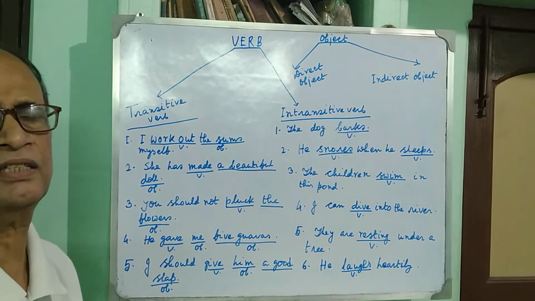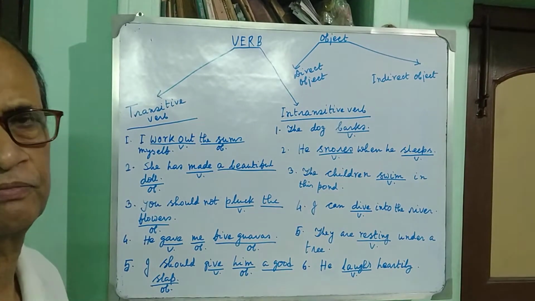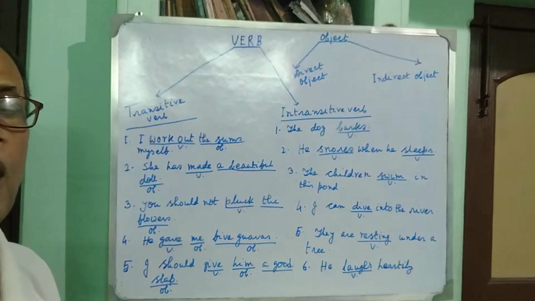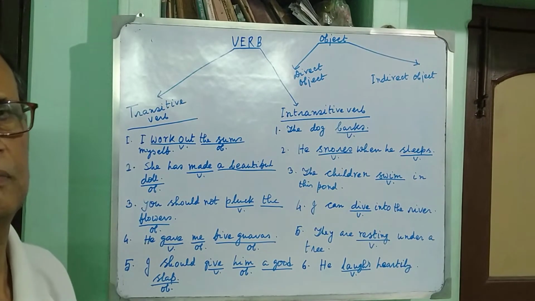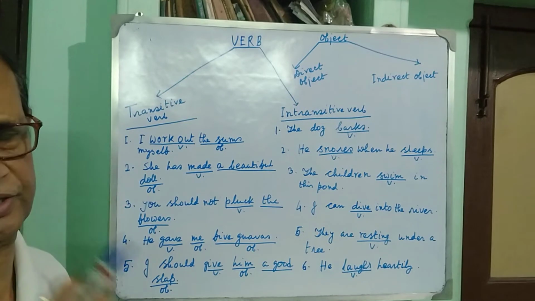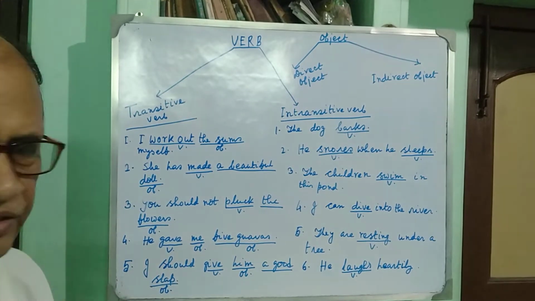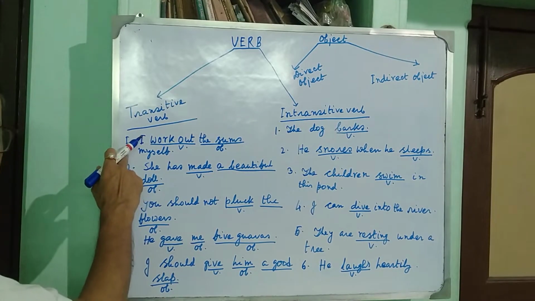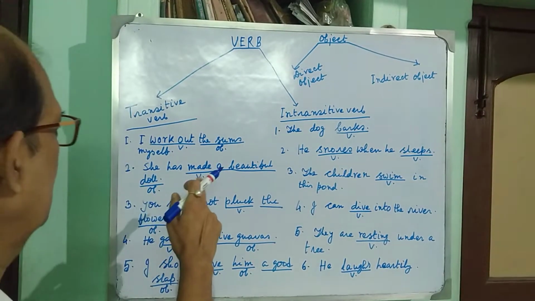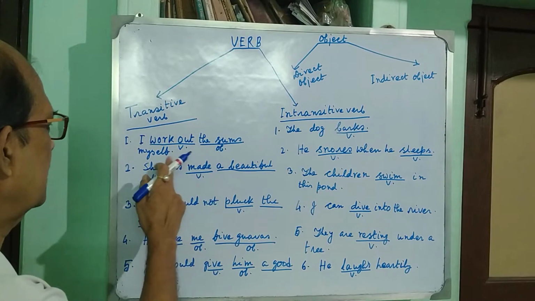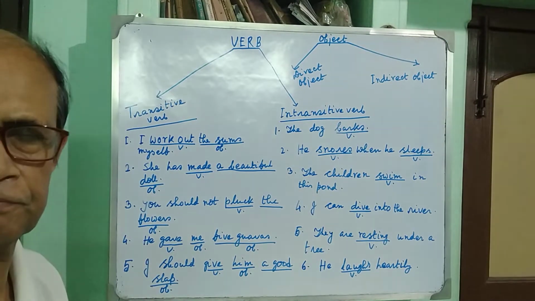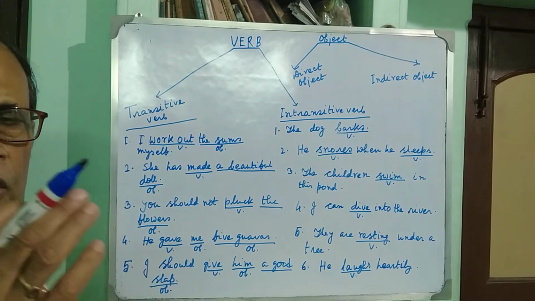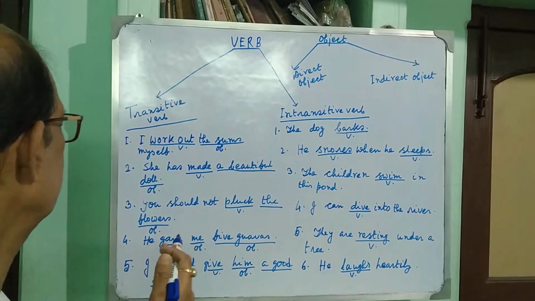My dear boys and girls, just follow me, follow my guidelines and instructions of how you can detect an object in a sentence. First sentence that I have written on the board: I work out the sums myself. Work out means here solve.